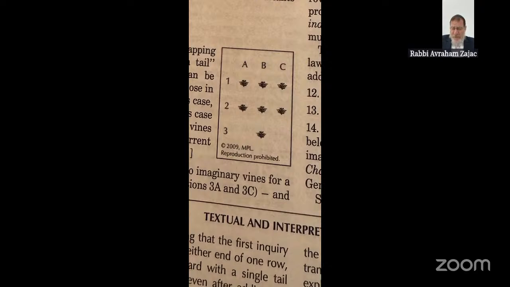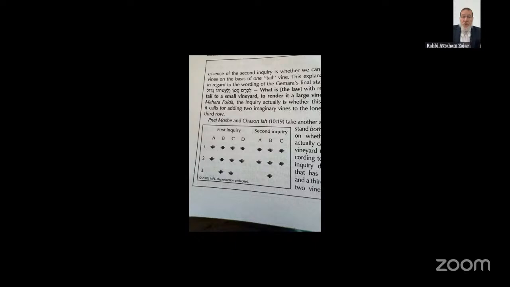Now, what were to happen, guys? And here, Kevin, you can make a picture. The picture that you see, you have ABC, row 1, ABC, row 2, ABC, row 3. You have three rows of three vines, and then you put the tail, 4B.